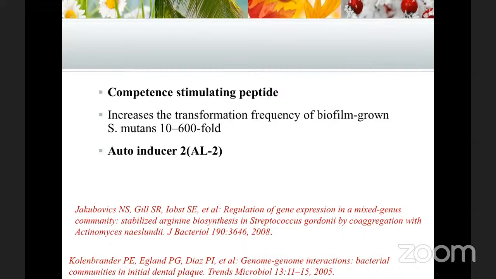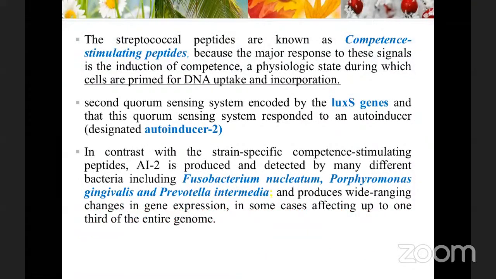So these interactions between dental plaque bacteria are quorum sensing. In streptococcus, it is the same thing. The streptococcal peptides are known as competence stimulating peptides, CSP, because the major response to these is the induction of competence, the physiologic state during which cells are primed for DNA uptake and incorporation.